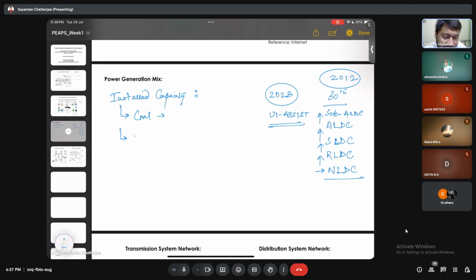What is the total installed, I would say the Indian maximum load, any idea? Maximum means that is not the case each and every time.